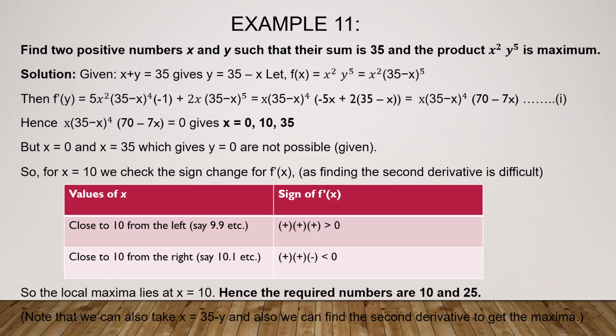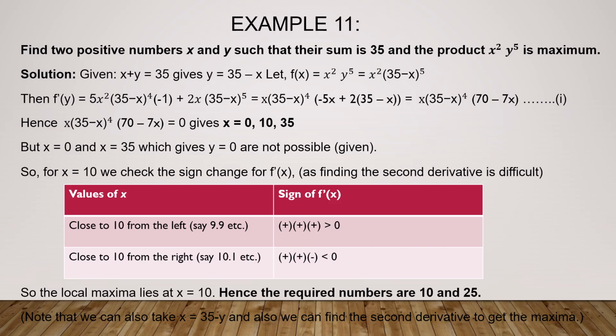Now you find the first derivative f dash. First of all, your f(x) is what should be maximum, which function? x square into y raised to 5. So I have simplified and written x square into 35 minus x whole raised to 5. For the first derivative, it is a multiplication of two functions.